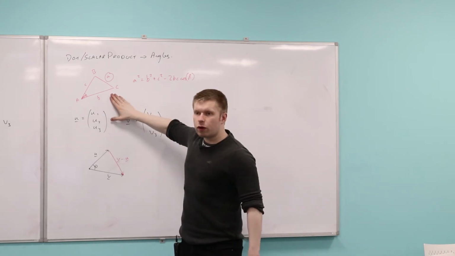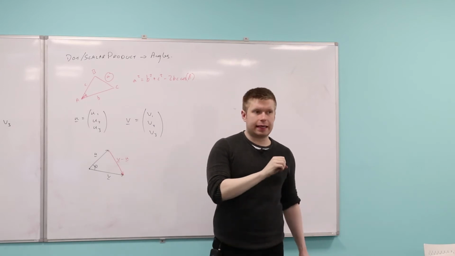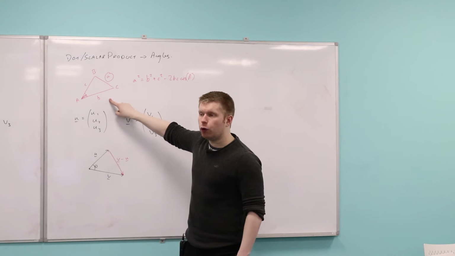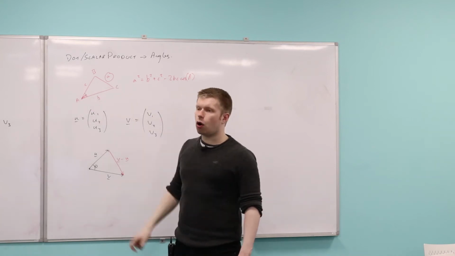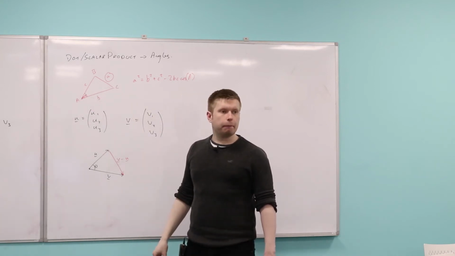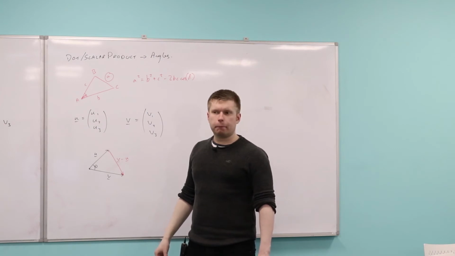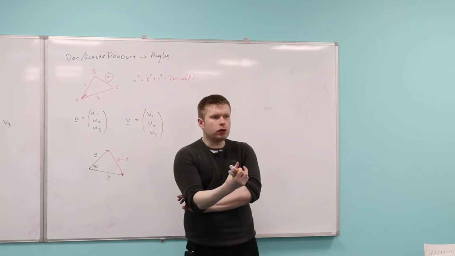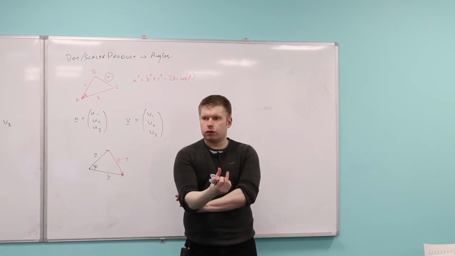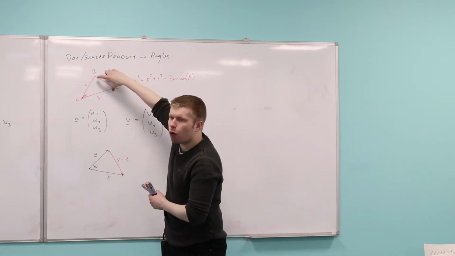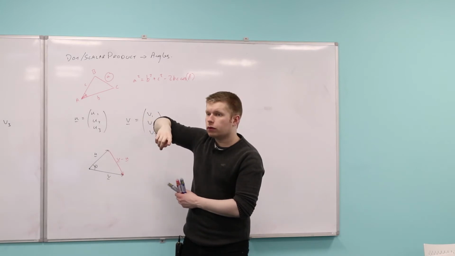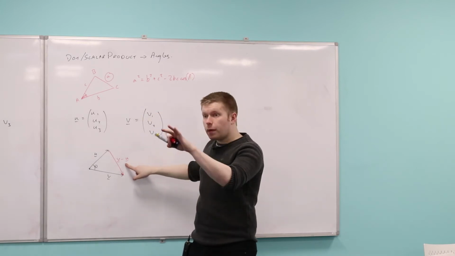Now think about it. This isn't quite the same as this yet, is it? Because up here with this triangle, what did A, B, and C correspond to? It wasn't a vector.